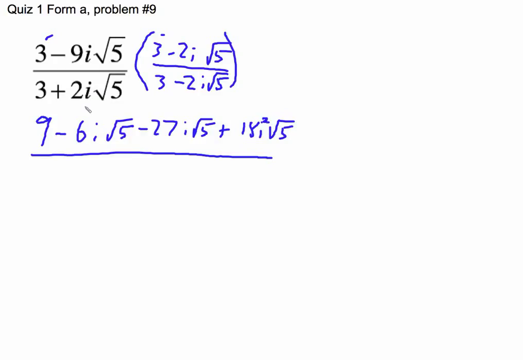The denominator is where we're trying to get rid of the i term. So 3 times 3, again, if we FOIL, the first is 9. Outer is minus 6i square root of 5. Inner is plus 6i square root of 5. And then the last is going to be minus 4i squared times 5.